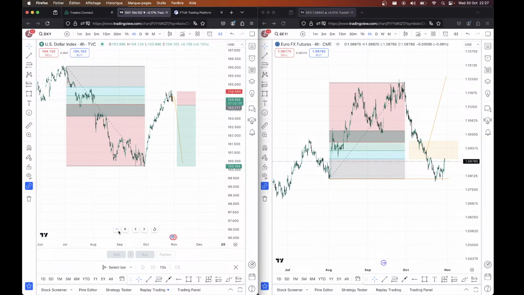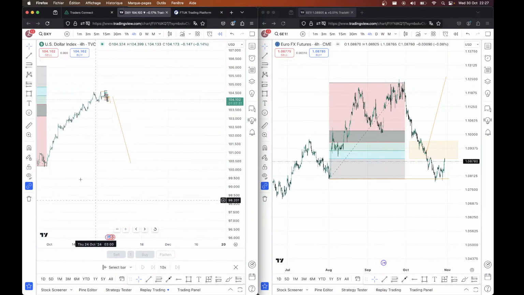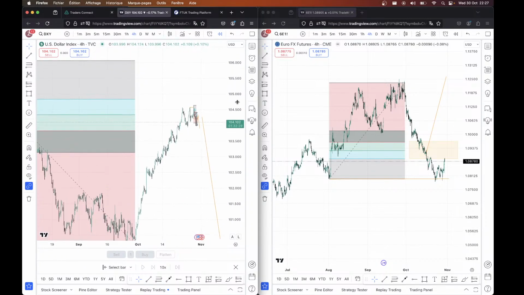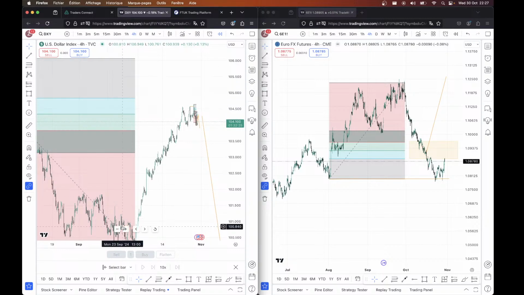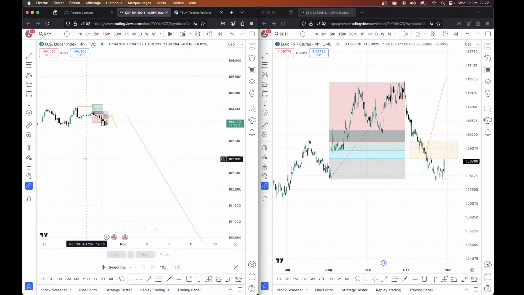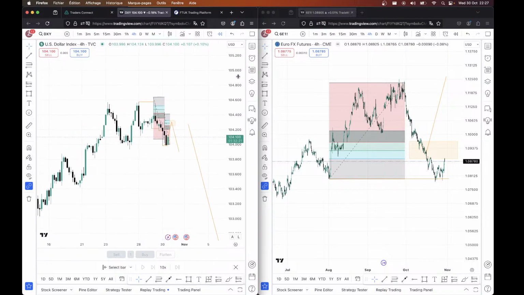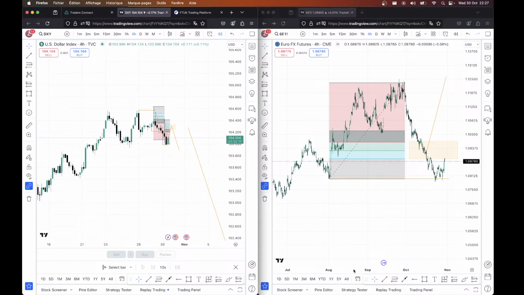Here, what I did, in fact, was just a bit of anticipating, so I didn't respect exactly what I told you. But I know we were here in the time frame, and I tried to zoom in to see if there were some possibilities to enter short in the lower time frame.